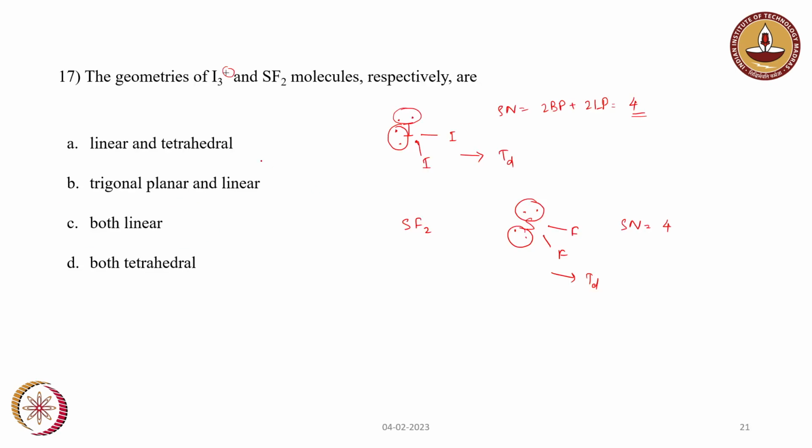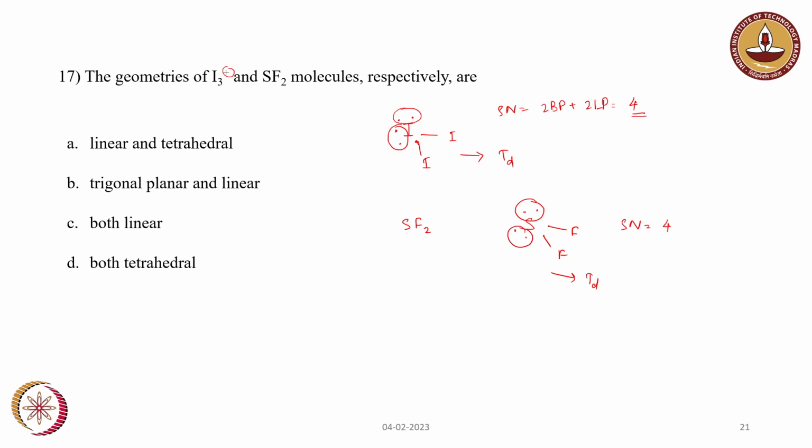And the next one is geometries of I3 plus and SF2 molecules, where in I3 plus, central atom is iodine, and it's given it's a cation. So there are only 6 valence electrons, and 2 iodine is forming bond with the central atom. So 2 bond pairs and 2 lone pairs.